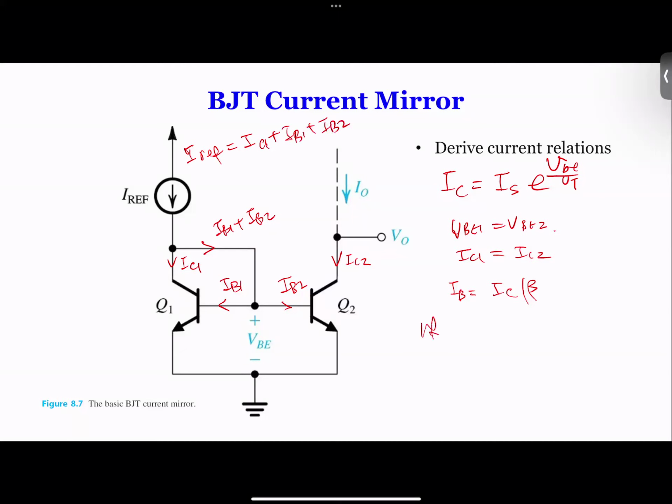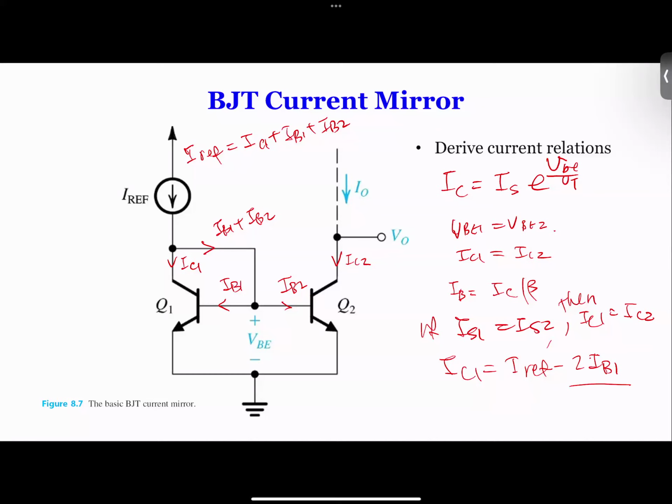So if IS1 equals IS2, and then IC1 equals IC2, then IC1 equals I reference minus 2 times IB1. And IB1, remember, is very small because beta is typically about 100.